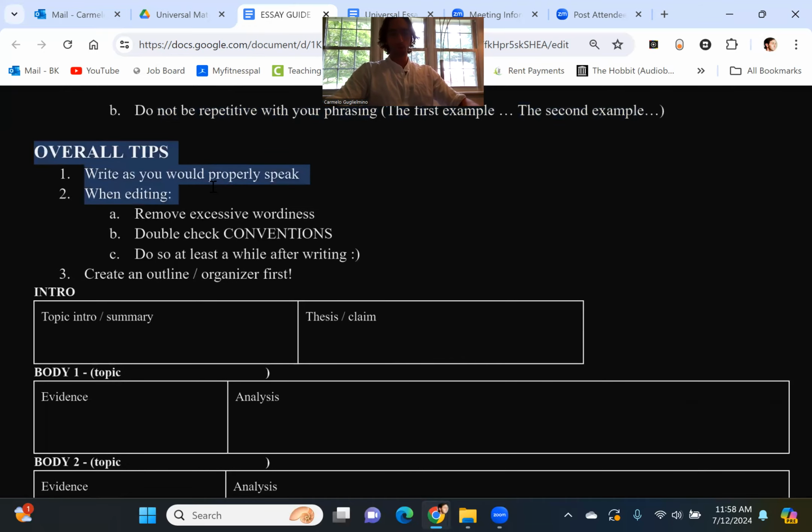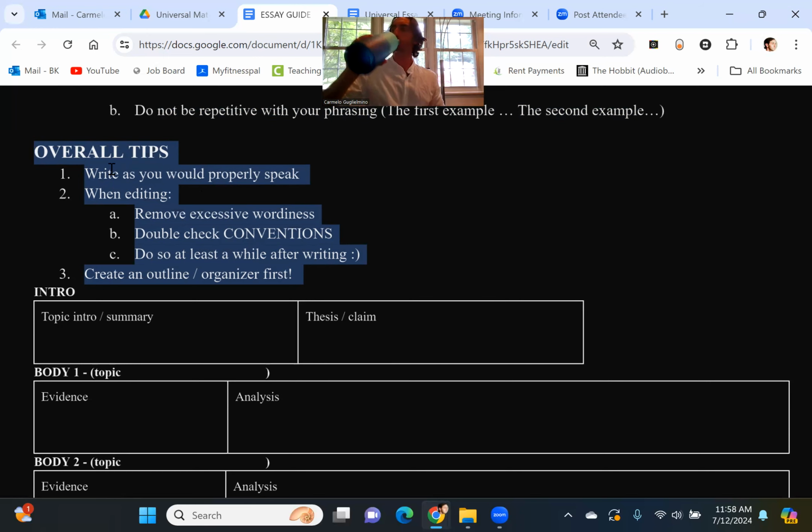Finally, some overall tips for writing your essay. For students that struggle with beginning, who need sentence starters, who struggle with articulation in general, try to at least begin by writing as you would speak.